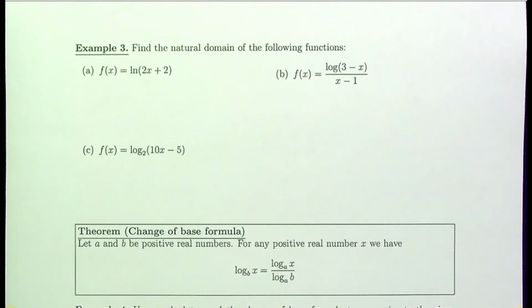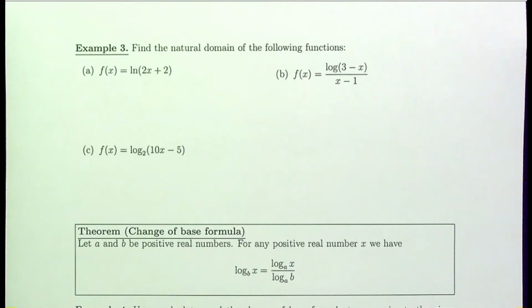Now, how do you find the natural domain or the implicit domain of functions that have logarithms in them? Well, you have to follow the bullet points that we learned a while ago for finding the domain of functions. But now we're gonna incorporate the third bullet point that I had.